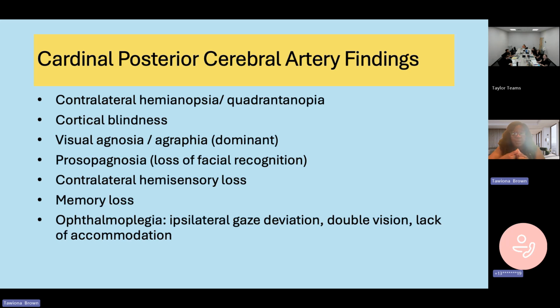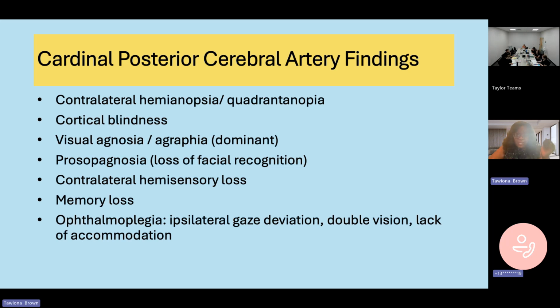If it's the MCA, or middle cerebral artery, it's going to be upper extremity and face, motor and sensory, for both of those. And if it's the PCA, or posterior cerebral artery, then I know there's going to be some type of issue with vision, some type of issue with recognition of objects in your environment. Those are your agnosias.